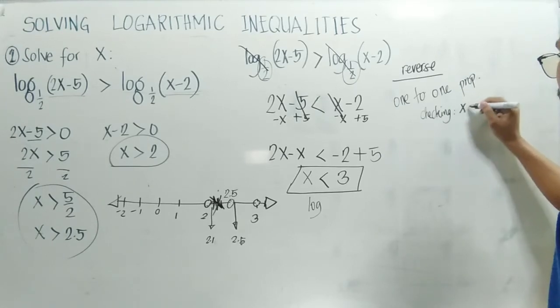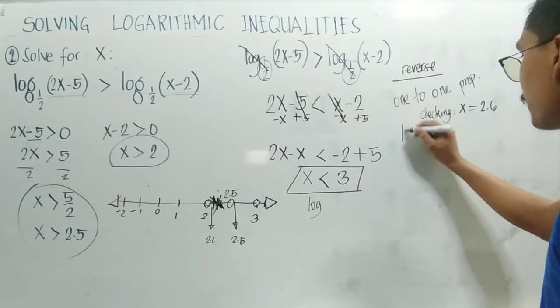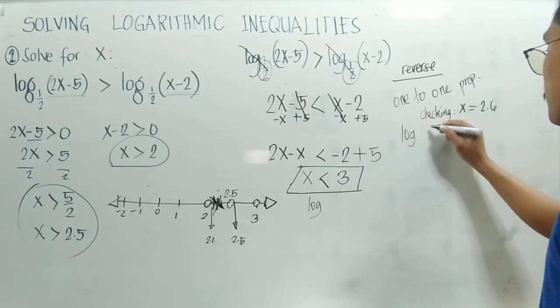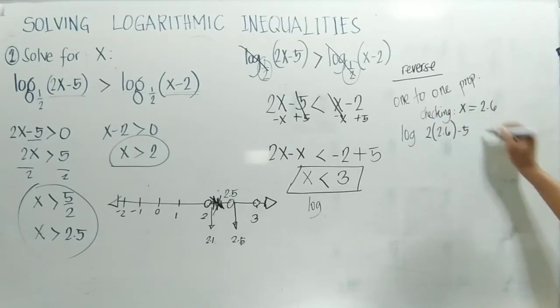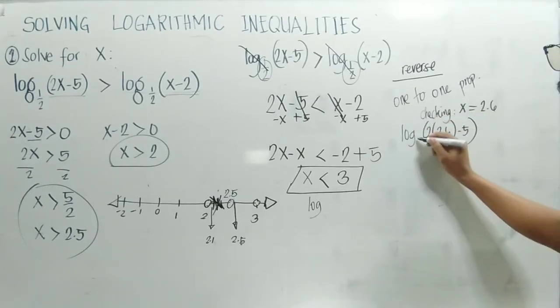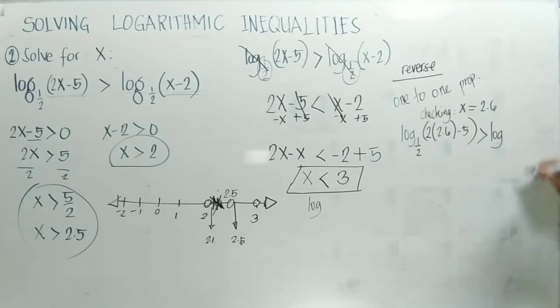So let us use x equals to 2.6. Substituting, we have log of 2 times 2.6 minus 5, quantity base 1/2, is greater than log. x is 2.6 minus 2.